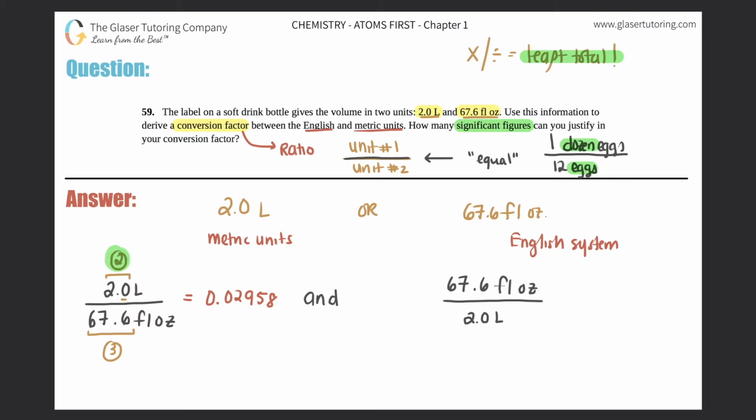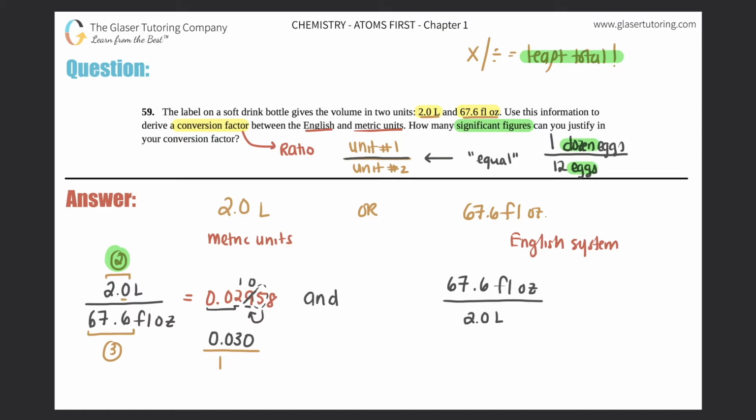So now when I go over here, these zeros don't count because leading zeros never count, but the 2 and the 9 count. The 5 will tell me if I can round up that number. And yes, I can. The 5 tells me that the 9 will turn into a 10. So this will actually be 0.030. But we have to keep it a conversion factor. That means we have to keep it a ratio. And remember, we can always make a ratio by just dividing it by 1.